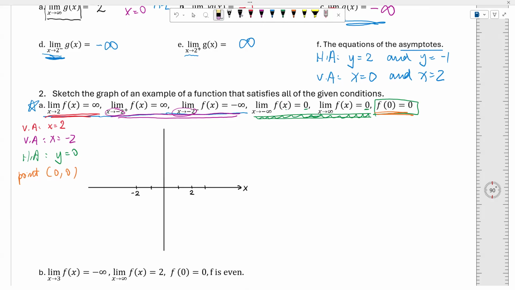And then let us sketch. We have a vertical asymptote at x equal to 2. We have another vertical asymptote at x equal to -2. We have a horizontal asymptote y equal to 0. And we have a point at (0, 0).